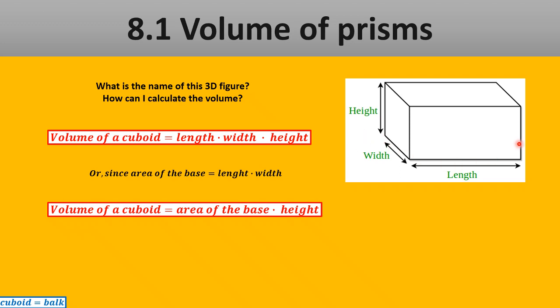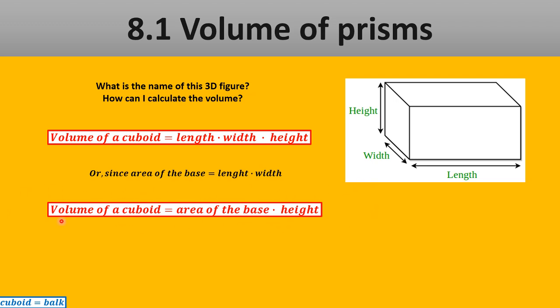Lengte keer breedte is hetzelfde als de oppervlakte van het grondvlak. So we could also say the volume of a cuboid is the area of its base times height. That's the same as this one. But this formula right here, we are going to use in a way for prisms as well.